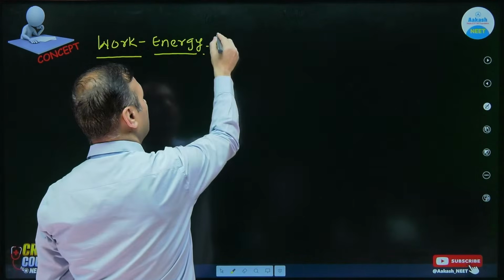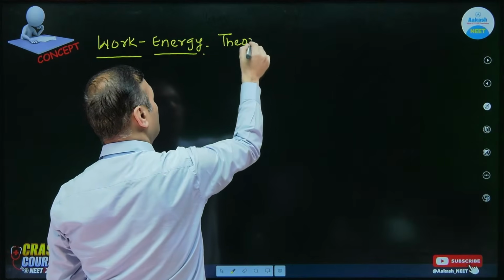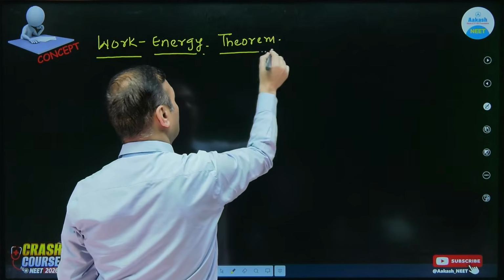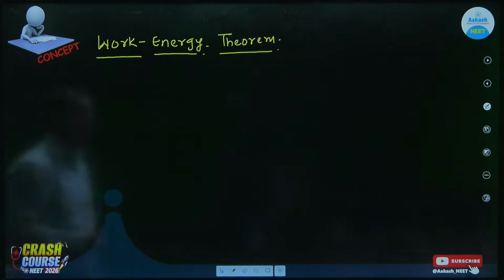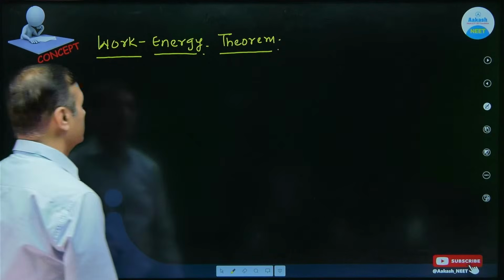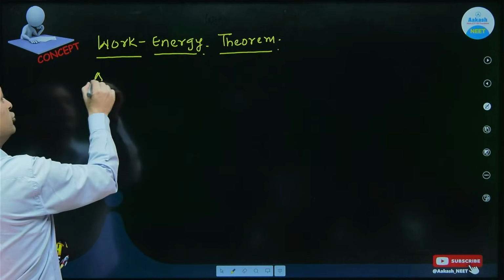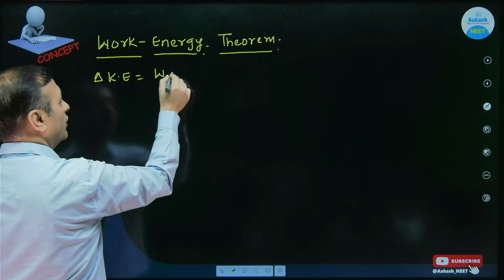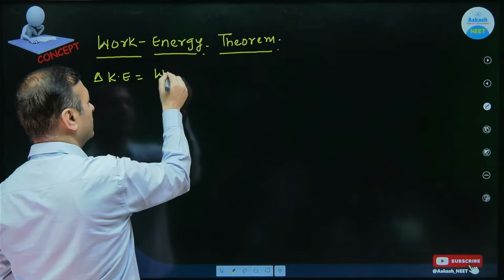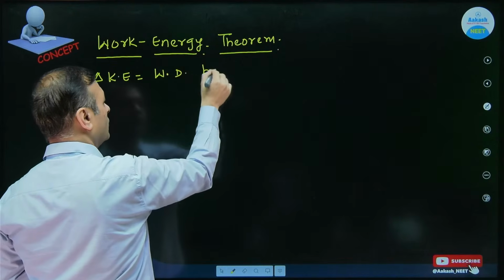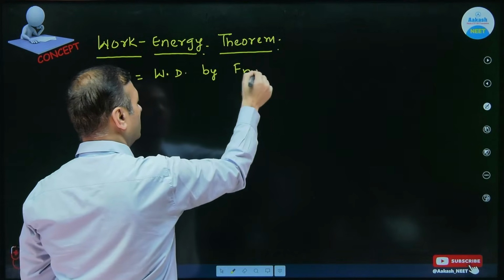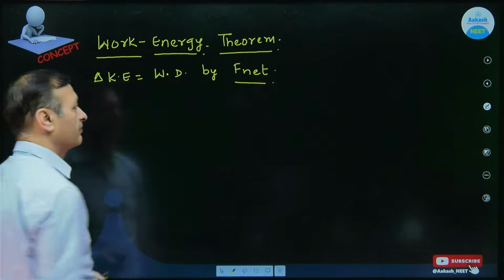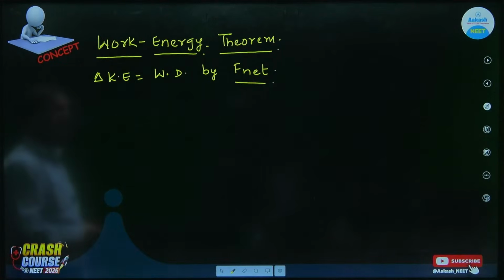So now we'll move to the work energy theorem. And the work energy theorem is: the change in kinetic energy of the body is the work done by all the forces, or the work done by the net force.